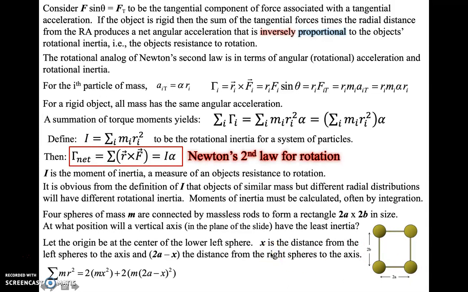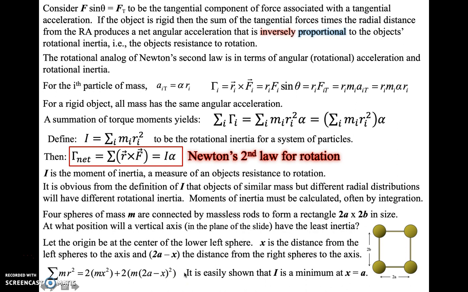All right, so the sum of the moments would be, I've got two spheres at a position x to the left of this axis, so 2 times m x squared represents the moment of the two left-hand spheres, and then 2 times the mass of the two spheres times (2a minus x) squared would be the moment defined for the two right-hand spheres. So that would be a simple summation.